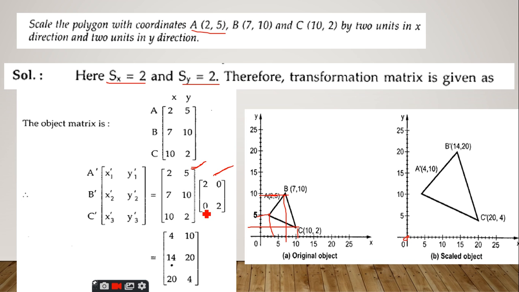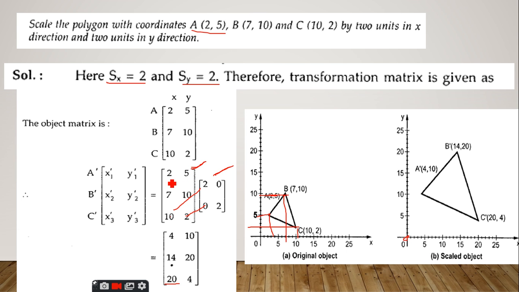Now it becomes 4. Then second, 7 into 2 is 14, plus 10 into 0, that is 14. 10 into 2 plus 2 into 0, 20 plus 0, that becomes 20.